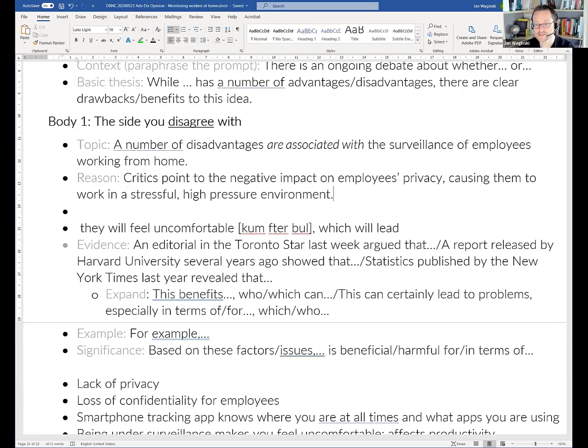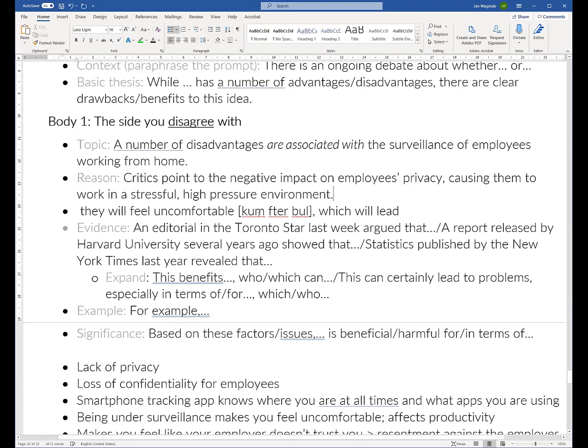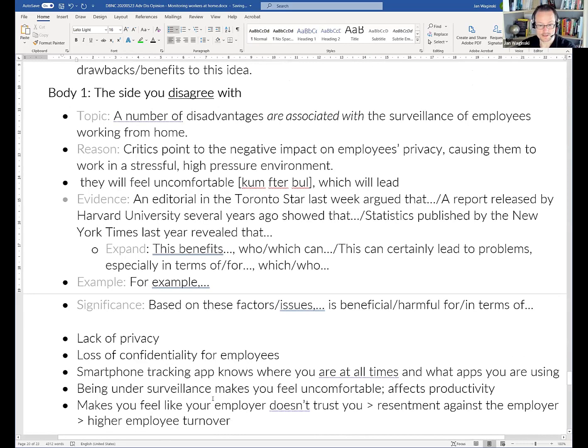You don't have to stick it all in that one sentence. You might want to save that for the next sentence just to develop it that way. Okay, so what about loss of confidentiality? This is the main point, right? This is the conclusion of that paragraph.